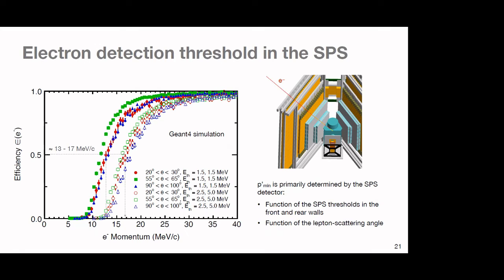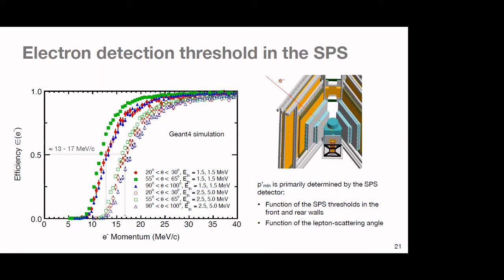And you can see in the solid points, these are points which were simulated assuming a low discrimination threshold in the SPS detector. The open symbols show the situation for a higher discrimination threshold. The different colors correspond to different directions.